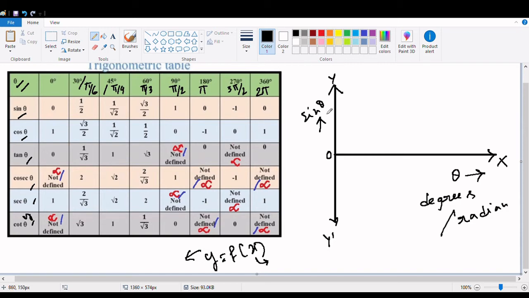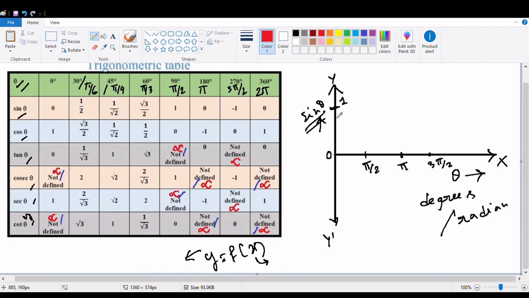So if this is y and this is the value 1, and this is pi by 2, this is pi and this is 3 pi by 2, plotting the value of theta in this direction in radians, how will the plot of sin theta look?